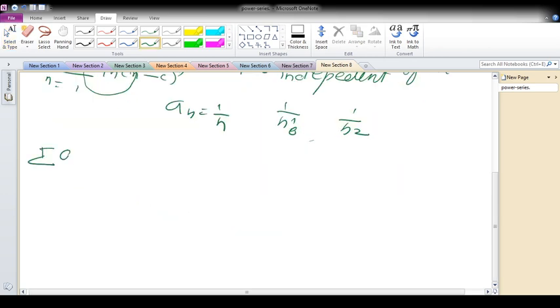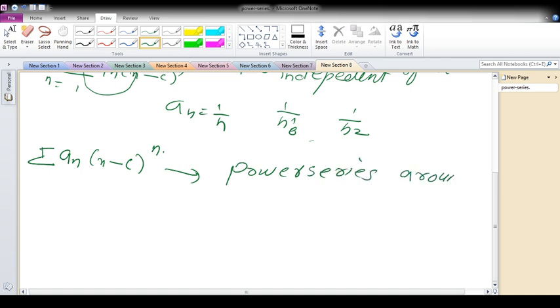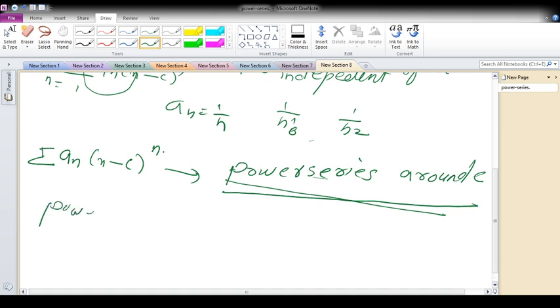So power series is a_n (x minus c) power n. This is a power series around c. So we can find a power series around 0. How? c will be 0.